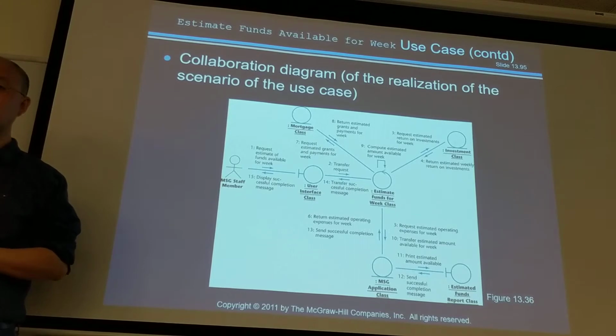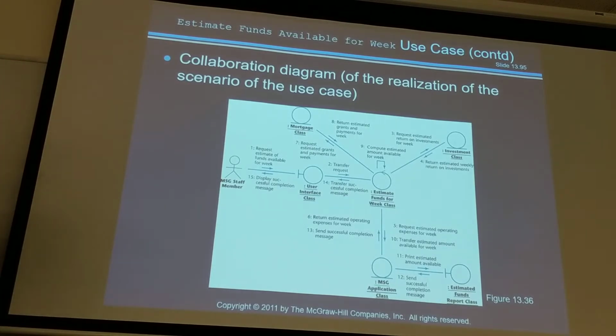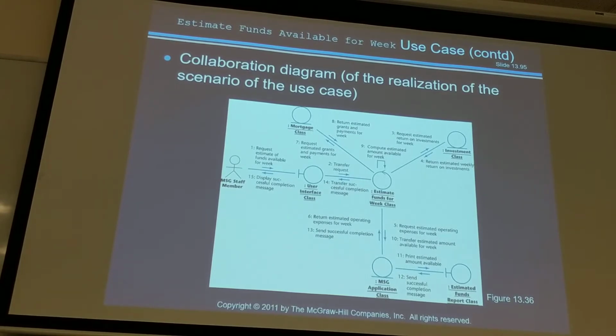How do we assign actions? We take each use case, we flesh it out step by step. Okay? So if you use Google Maps, and you say, oh, I want to go from my house to PSU.